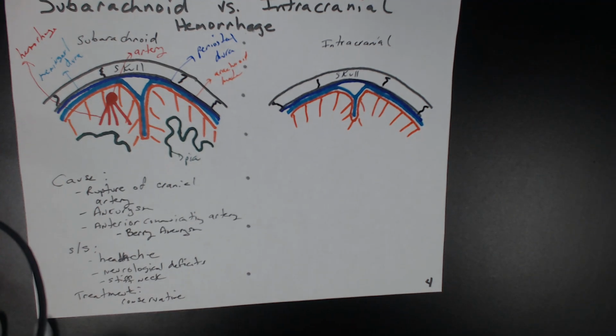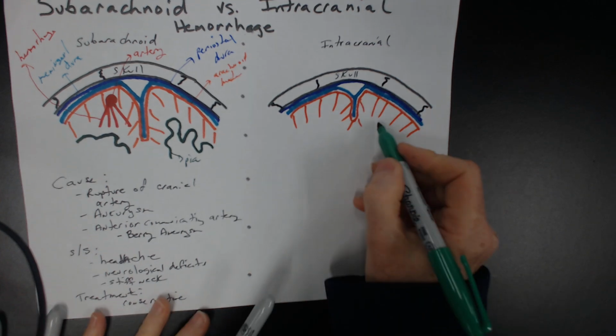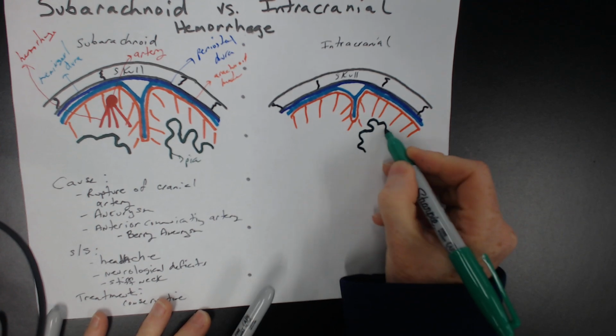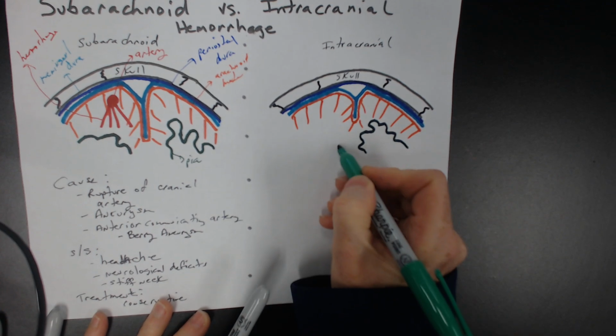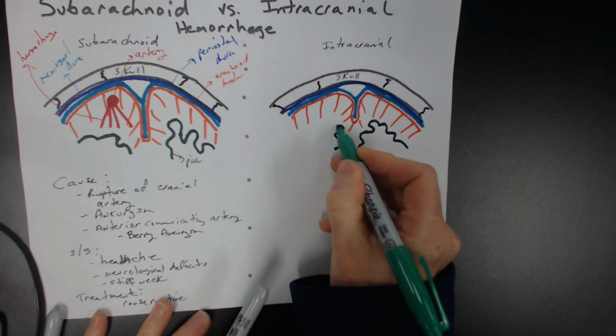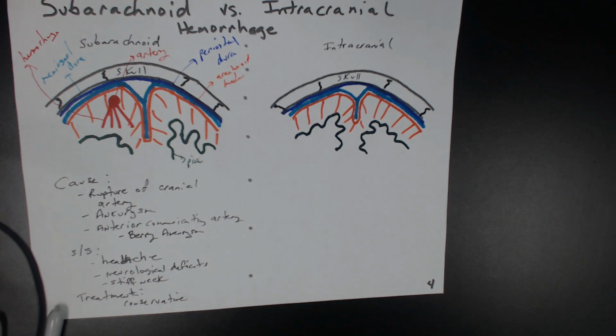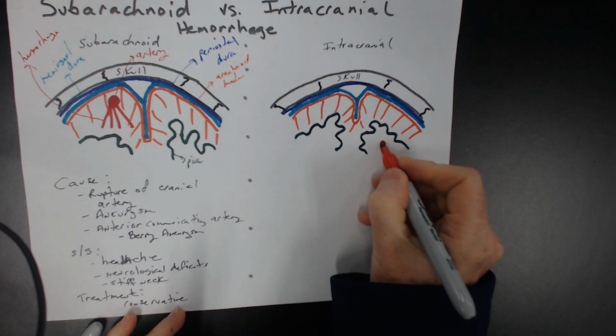And then underneath that you have your pia mater, which is tightly adhered to the sulci and gyri of the brain, the cortical hemispheres on both sides. So everything looks about normal, but what happens is there's just a small bleed somewhere in the cortical region.